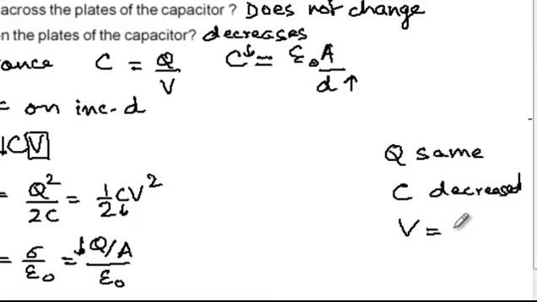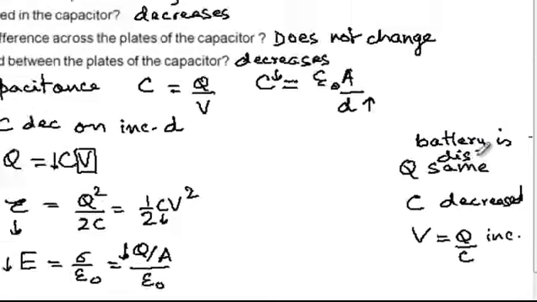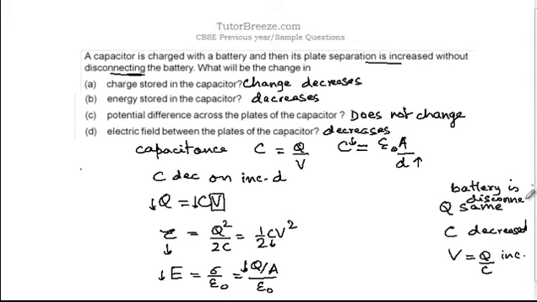V is equal to Q by C. Q remains same and C decreases. Then V would have increased. This is the case if the battery is disconnected and the plate separation is increased.